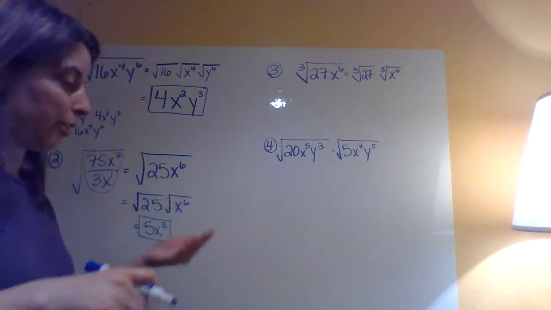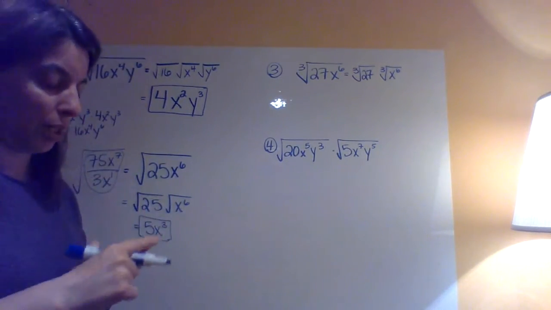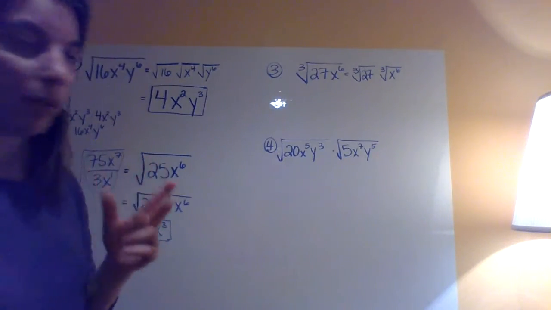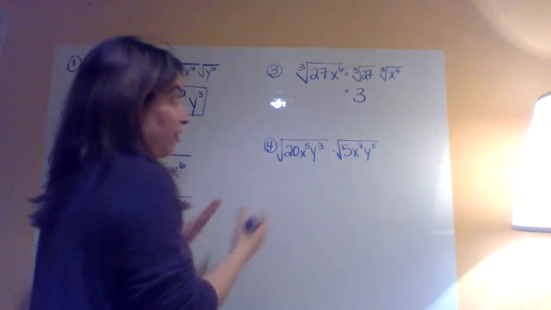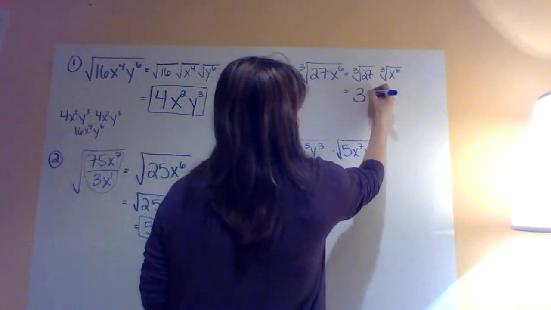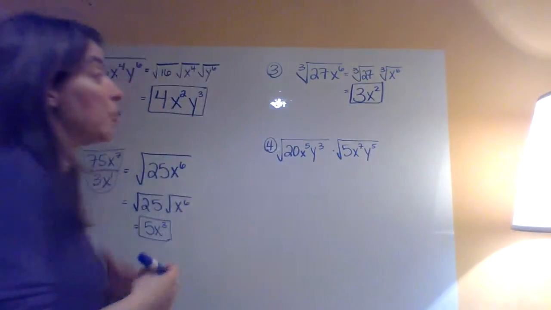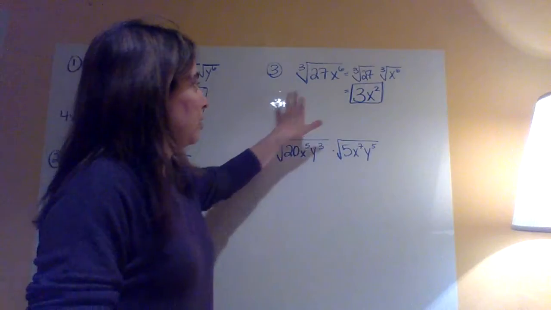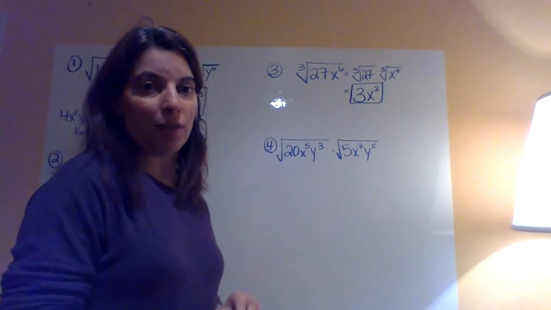Again, look back at the first page at those perfect cubes if you want. Figure it out. 3 times 3 is 9 times 3 is 27. So cube root of 27 is going to be 3. Remember, no radical sign. I've answered my question. 6 divided by 3 is 2. 3x squared. Again, what that means is 3x squared times 3x squared times 3x squared would give me this expression, 27x to the 6th.